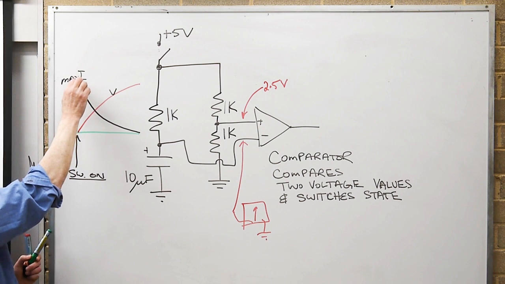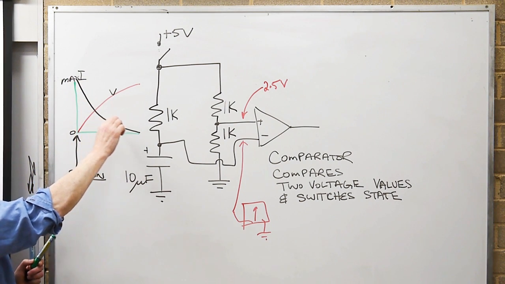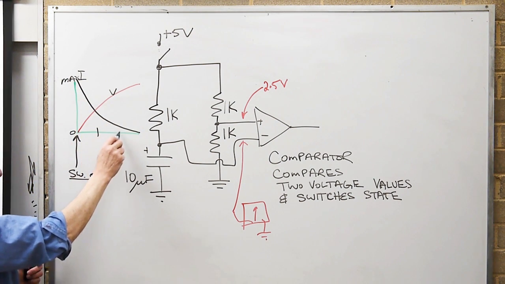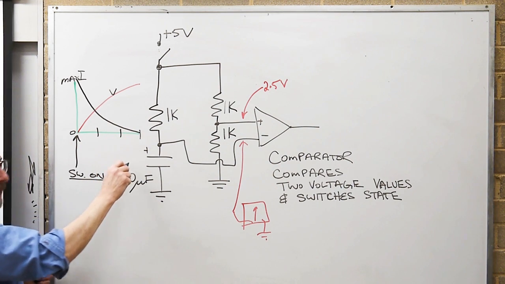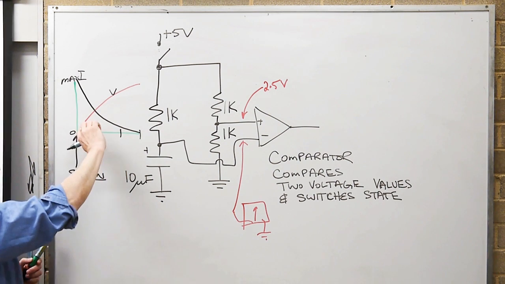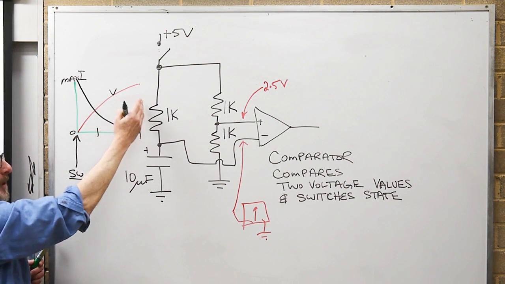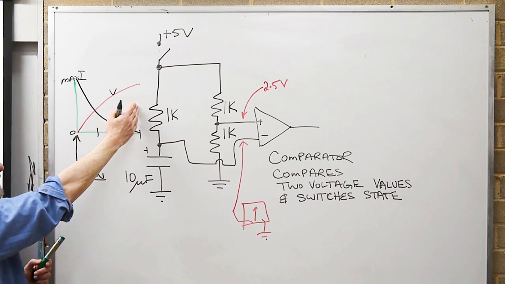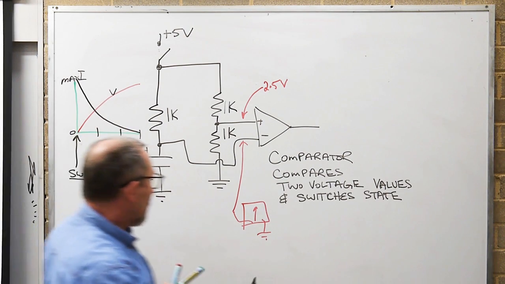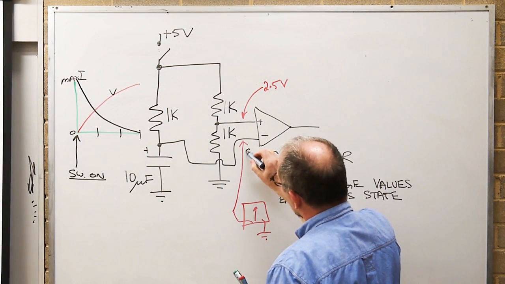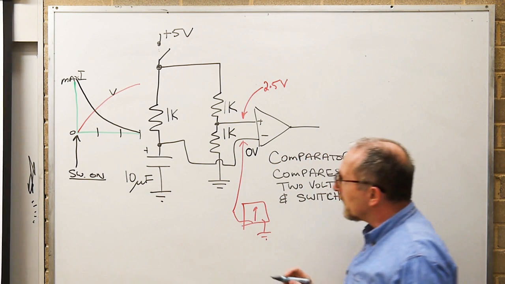And then that current is going to rapidly decline, 1 time constant, 2 time constants, 3 time constants. All right, but the voltage isn't going to reach the peak until 5 time constants later. So at the moment of switch on, we actually end up with 0 volts at that point there.